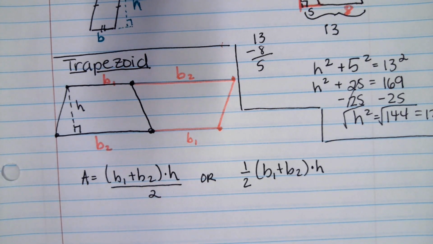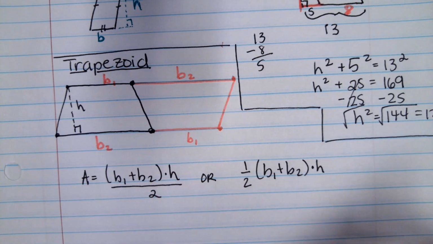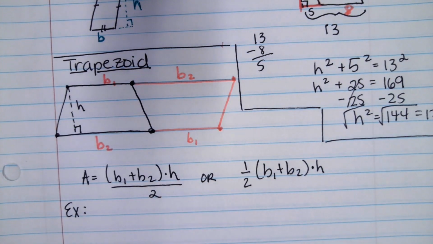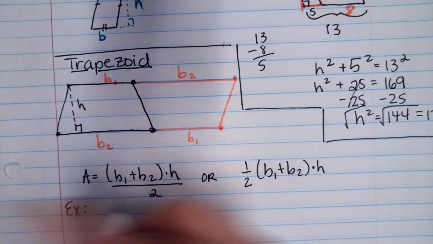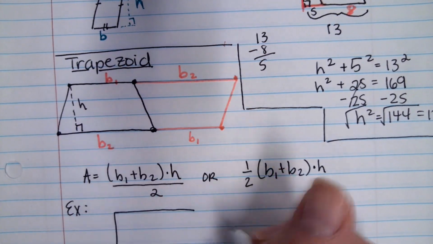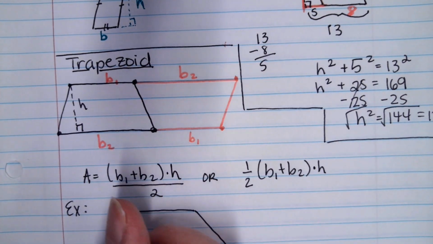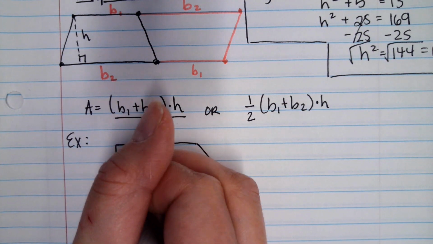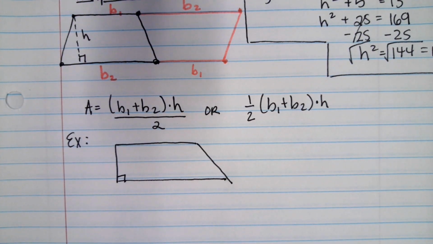Let's do an example. Okay, so for my example, I'm going to give you a lot of information, but you need to find the missing piece of information. So I'm going to give you that this is a right trapezoid.